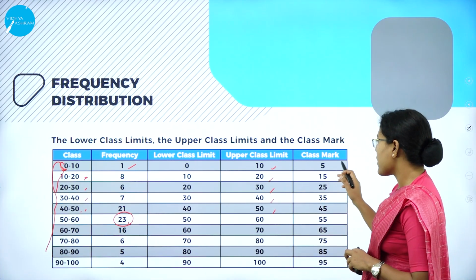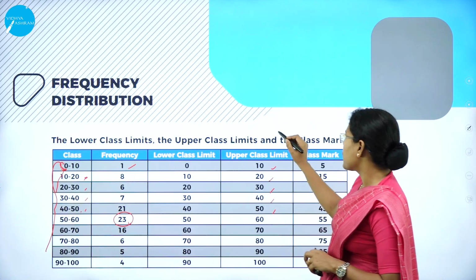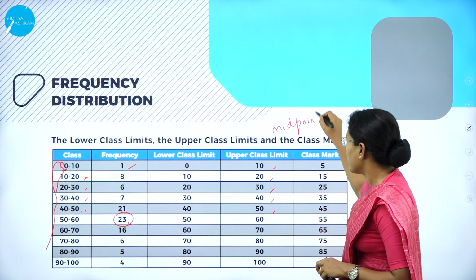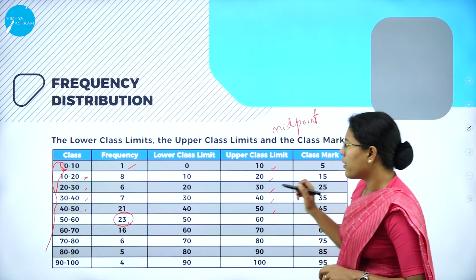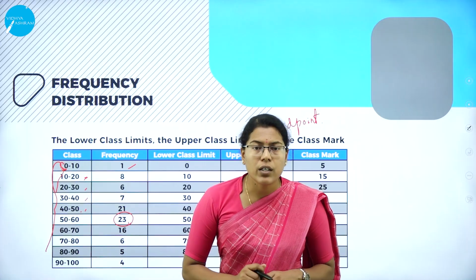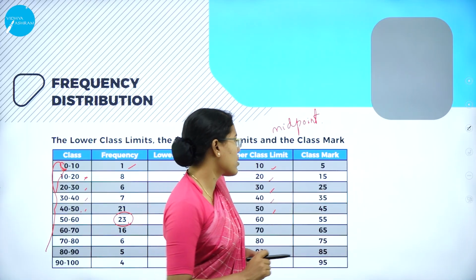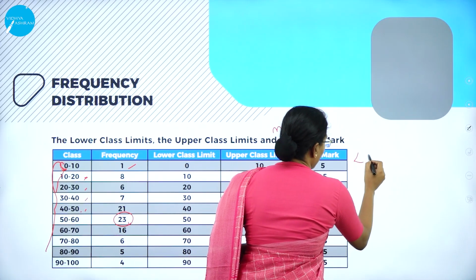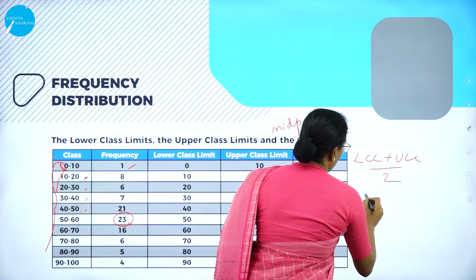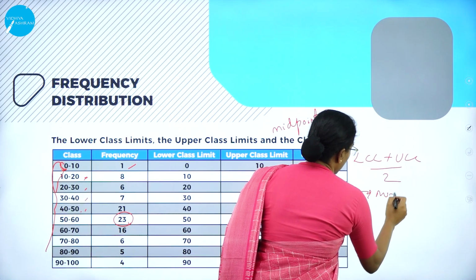Next we have class mark. Class mark is also called midpoint. So class mark here is the midpoint of the class interval. So how to calculate the midpoint? Lower class limit plus upper class limit divided by 2 is the midpoint.